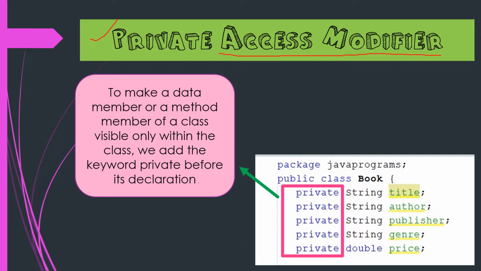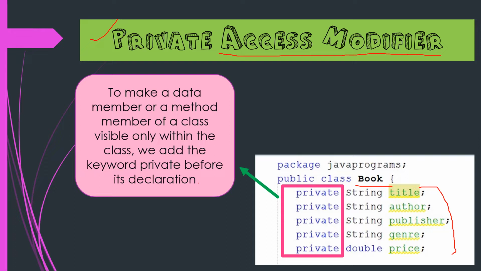We wanted all these data members, title, author, publisher, genre and price, to be visible only within the class Book, where we are declaring them. For this, we have to add the keyword private.